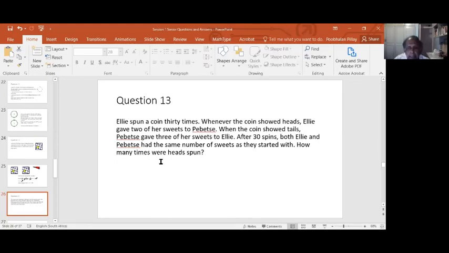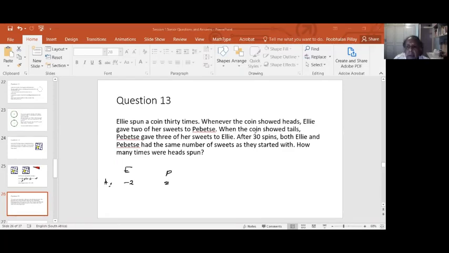So Ellie and Pabetse are playing some kind of game, and they toss a coin. Let's see what's going on here. So she lost 2 sweets, while Pabetse gained 2 sweets whenever the coin showed heads.